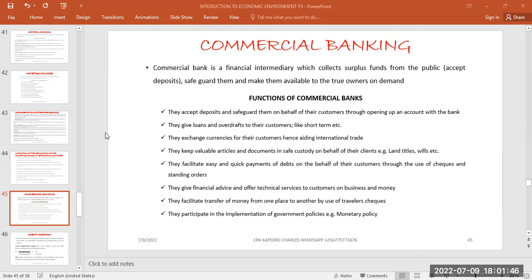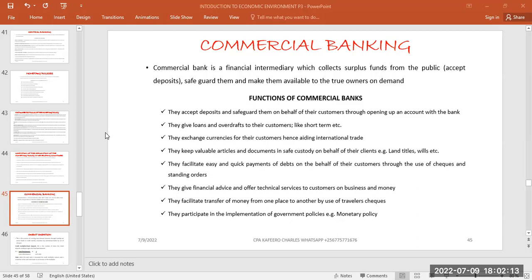The other one is they give advice and offer technical services to customers on businesses and money. When you go to apply for money, they give you their view on what you are going to be doing with the money, and they see the viability. They try to counsel and guide you on how you can benefit from the money you are borrowing from them.